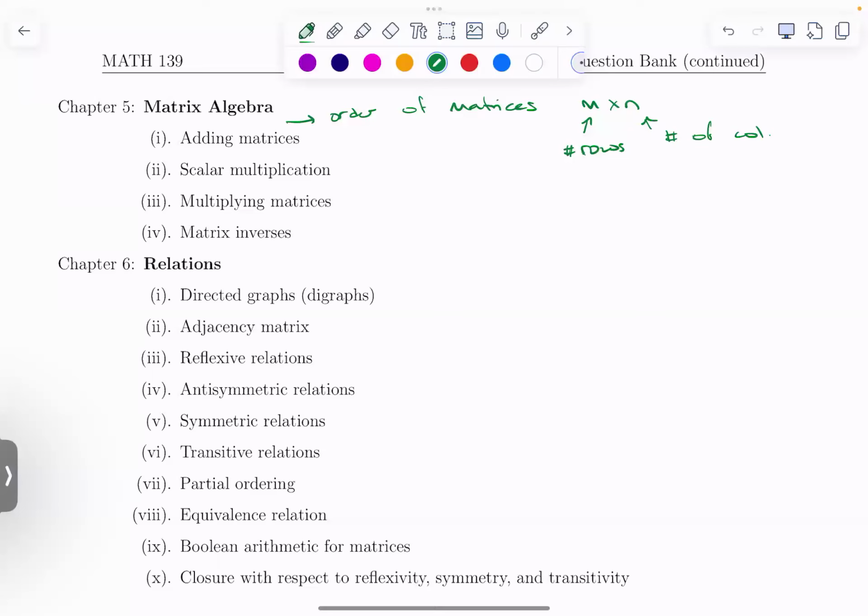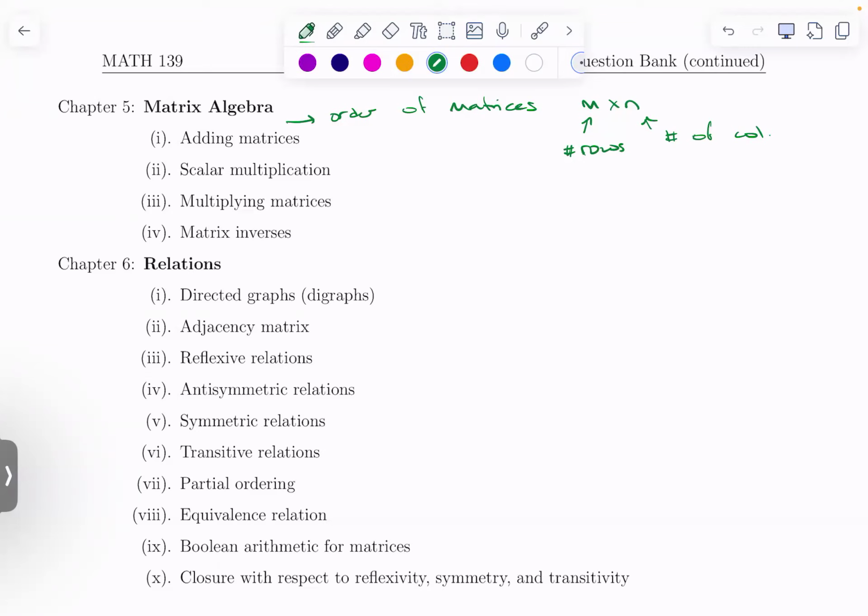But I wouldn't even say that, you just have to know that, right? The order of the matrices determines whether you can add matrices together. What do you need for them to be able to add together? They have to be the same order, right? Because they have to match up.